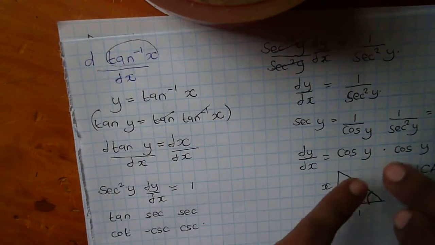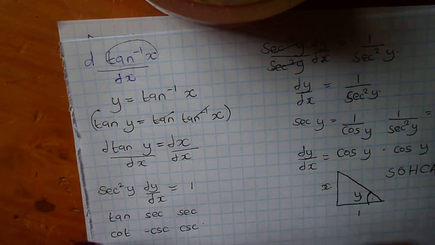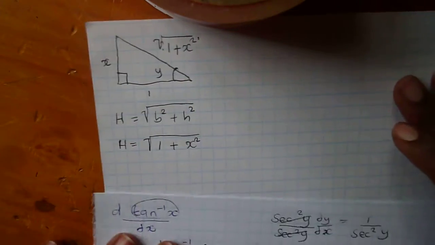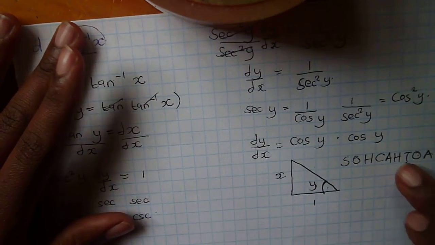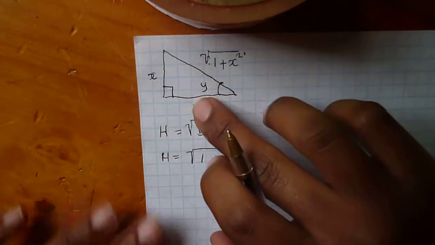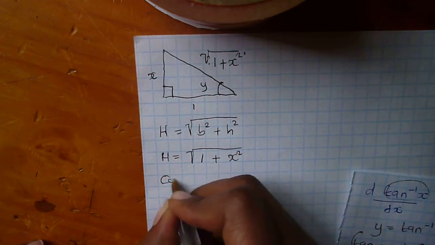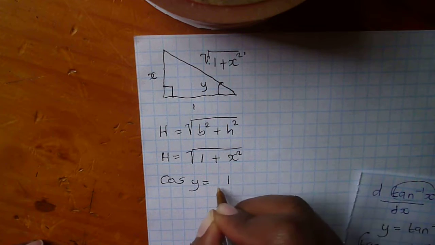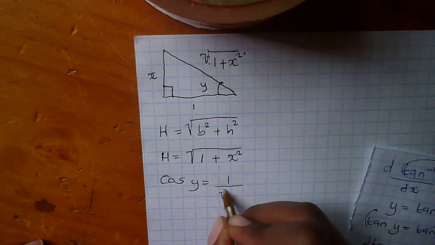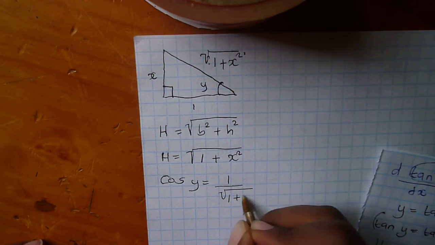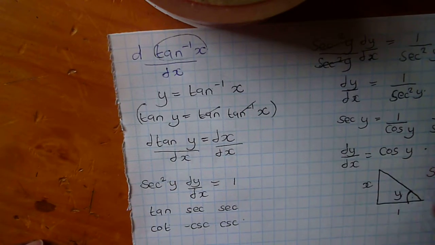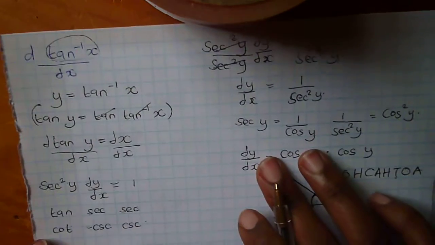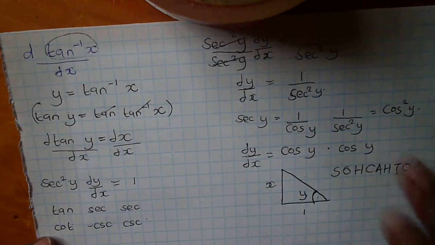That is why we have to turn this y into a form of x. So the cos of y will be, using this acronym, adjacent over hypotenuse. So cos y will be adjacent, which is 1, over the hypotenuse, which is the square root of 1 plus x squared. So remember we have two of them, cos y and cos y here.